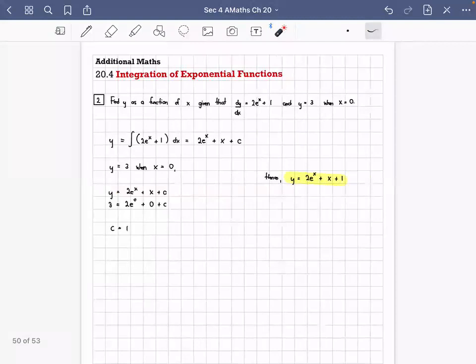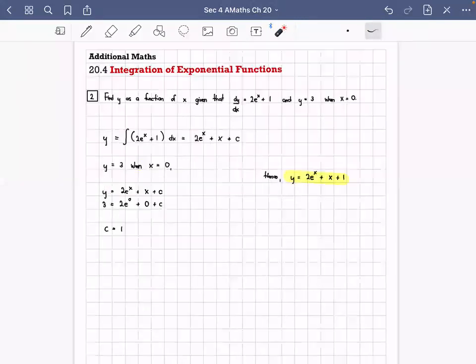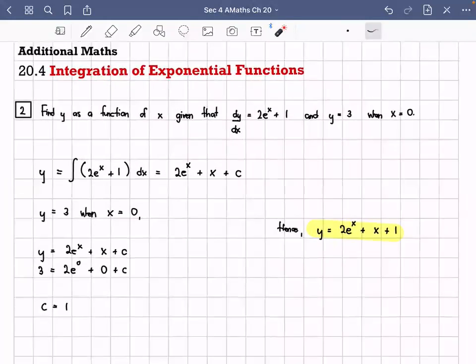All right, this is my last example. This is partly a word problem. Find y as a function of x given that the derivative of y is equal to 2e raised to x plus 1, and y is 3 when x is 0. First we need to find the y value because this is the derivative of y.